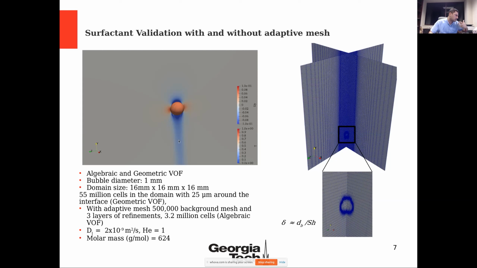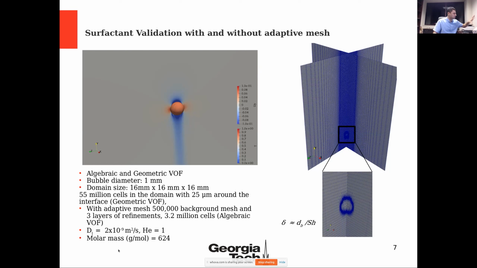This is a buoyancy-driven flow, a rising bubble reaching terminal velocity, and the concentration of surfactant at the interface is the point of interest, along with its effect on surface tension. With interIsoFoam without adaptive mesh, I stressed it, 55 million cells, and with interFoam adaptive mesh, about 3.2 million cells. The background mesh is 500,000.